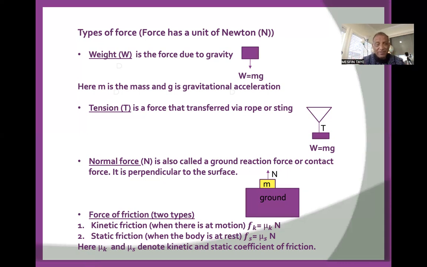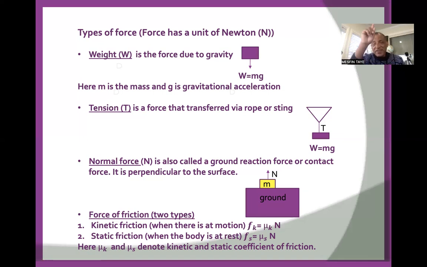And we have another type of force, which is normal force. It's called a ground reaction force. Normal force is a ground reaction force or a contact force. It is perpendicular to the surface. For example, if you put a mass m on the ground, that mass m is pushing down with a weight, mass times gravity. But it is stable there, it's not moving, because the ground is also pushing it back because of Newton's third law.